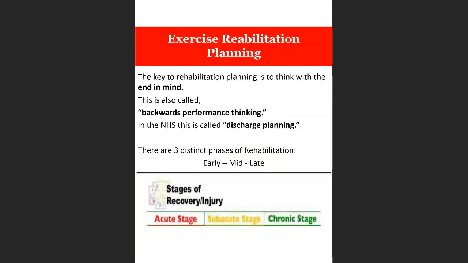So we've got acute, subacute, and chronic stages. So when we're working with acute, what are the three components of fitness that are the most common for acute injury? Range of movement, balance, and one more. You're right.